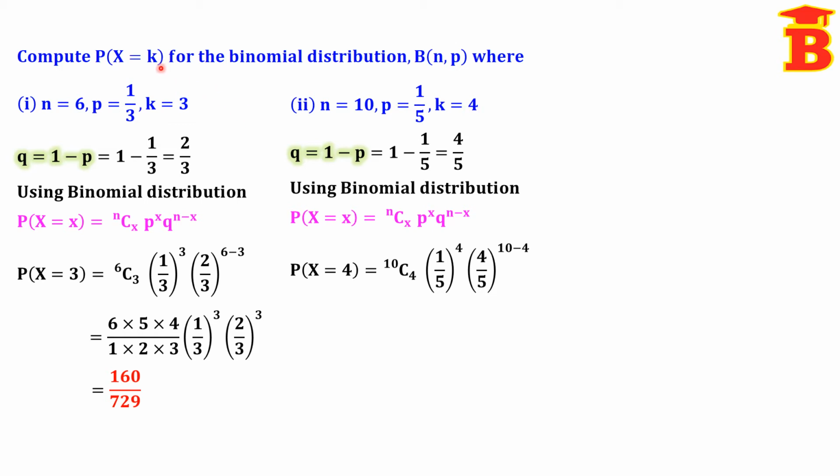So when we substitute k equal to 4, in the formula we take it as small x. So small x is 4, and we are given n value 10. So 10C4, p value (1 by 5) whole power small x 4, into q value (4 by 5) whole power n minus x, that is 10 minus 4.